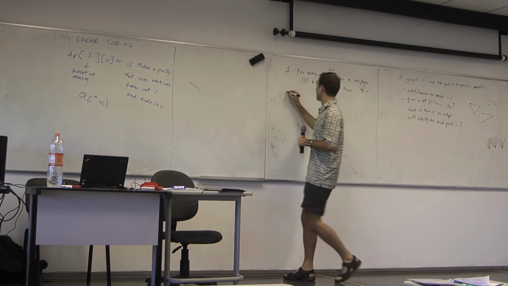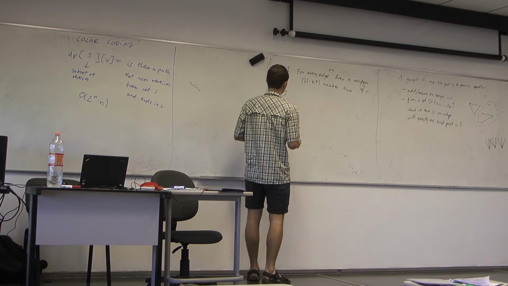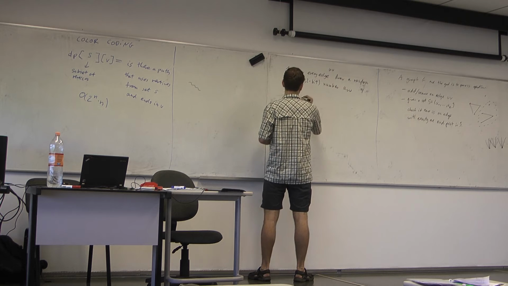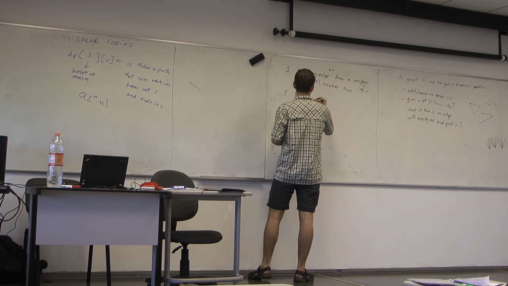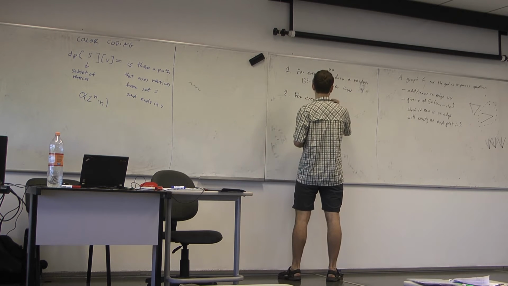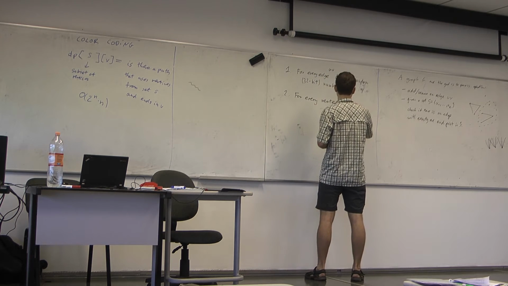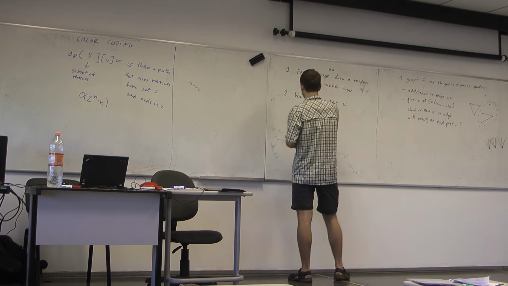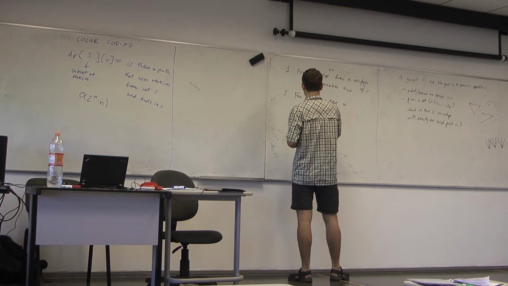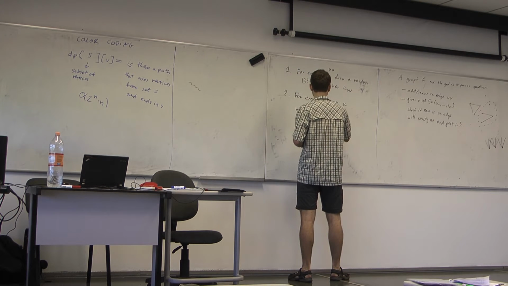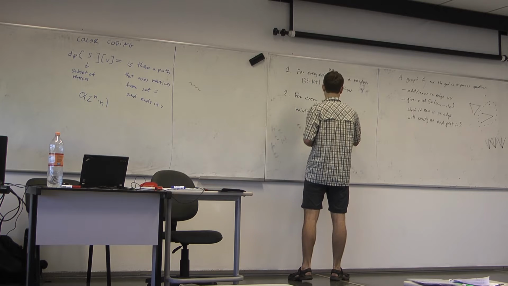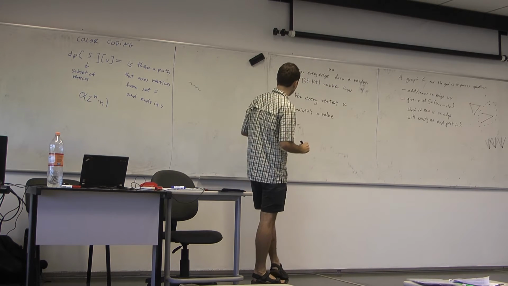Now, after that, the edges have some numbers. For every vertex U, maintain a value, and that's the tricky part.